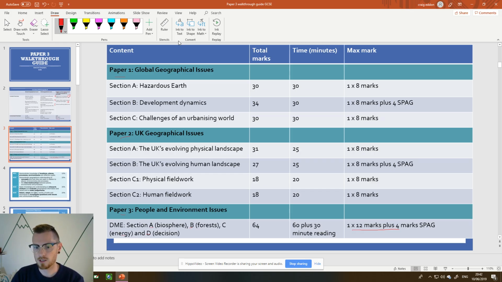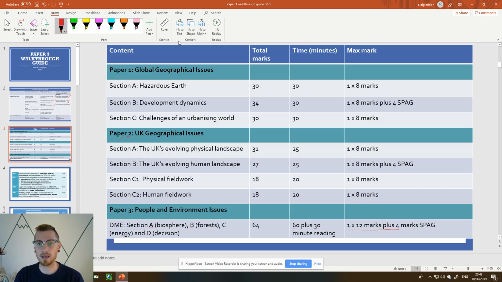The exam board recommend, or state basically, that the timing of this exam is broken down to 60 minutes for writing plus 30 minutes for reading. Personally, I don't think that allocation works. I would say you've probably got 10 minutes tops for reading, maybe a wee bit more.